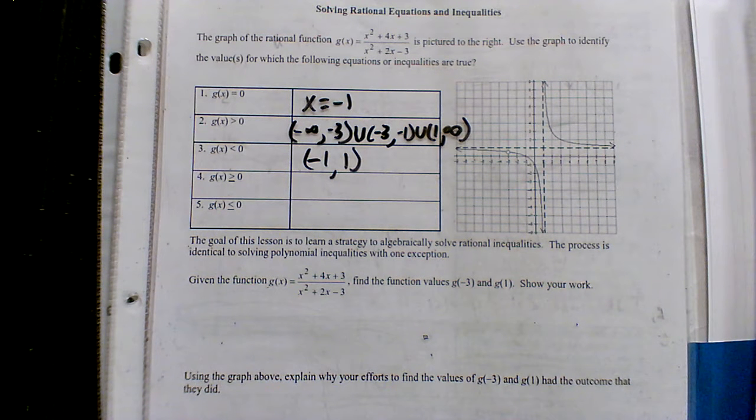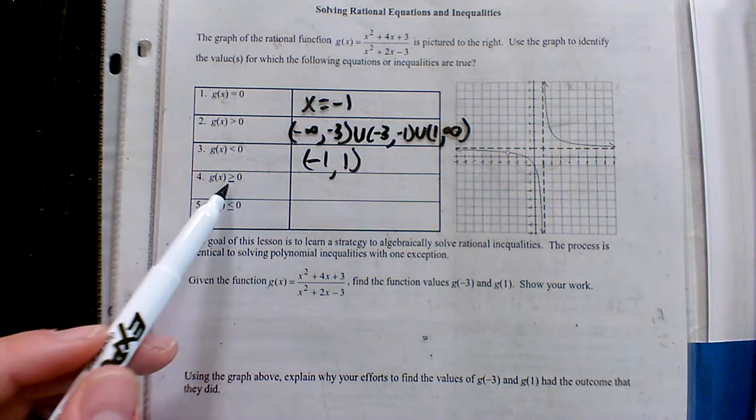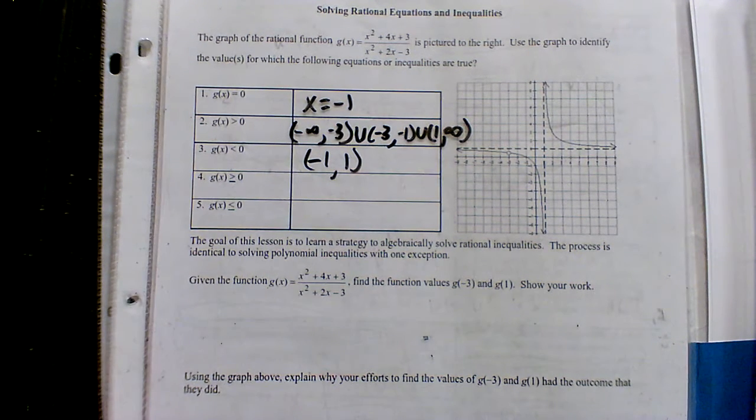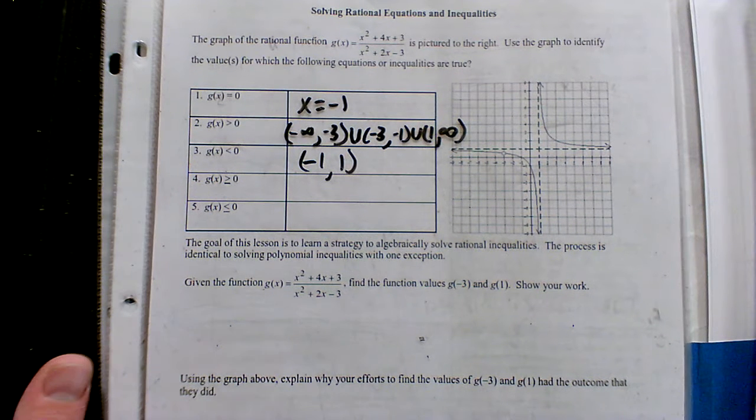All right, the next one looks similar to something we've done, but it's changed a little bit. We now have g of x is greater than or equal to 0. So how is this going to change? It's going to be very similar to our answer up above.